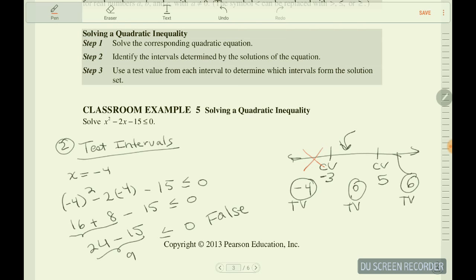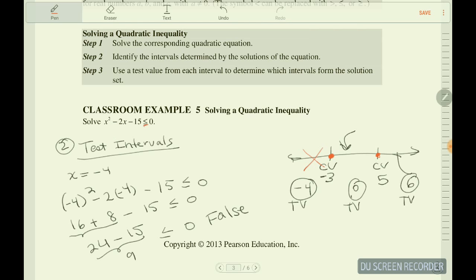Something else I should mention is that since this is not a strict inequality, there can be equivalence here, right? So we may be able to include -3. So we should also test -3 and +5 specifically.